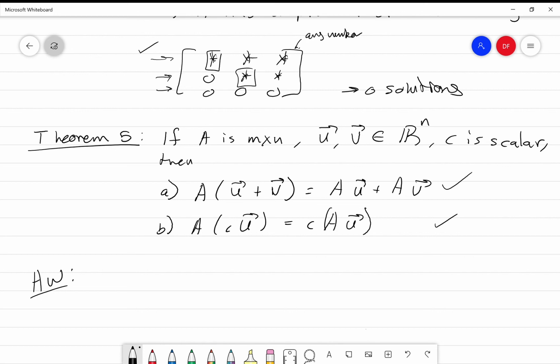So your homework for this section is section 1.4.